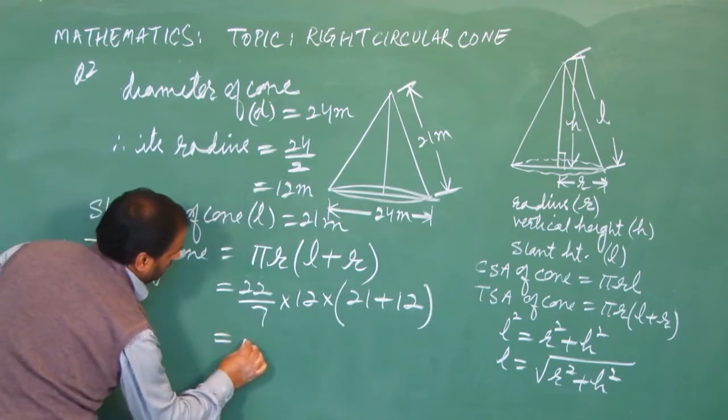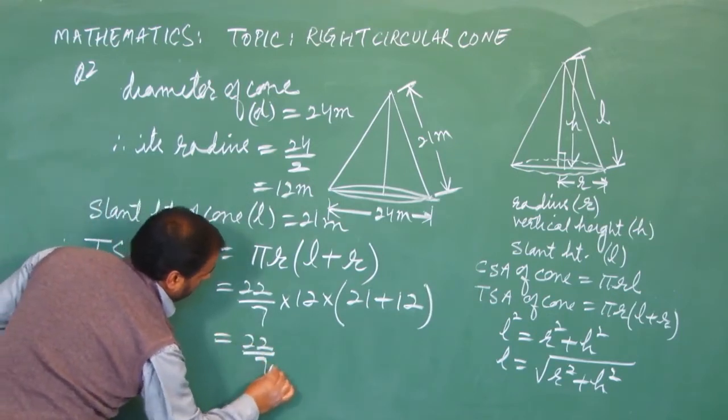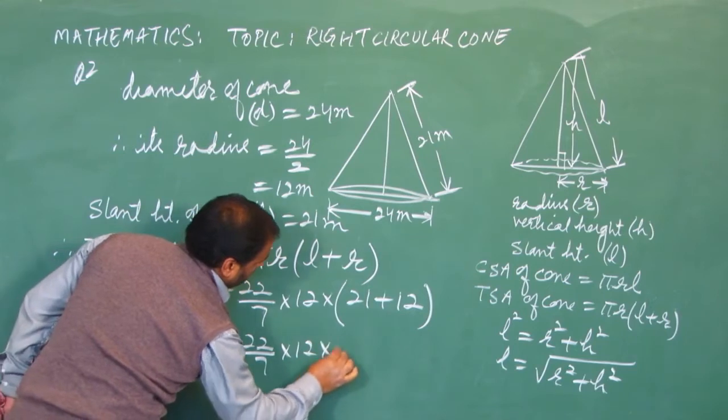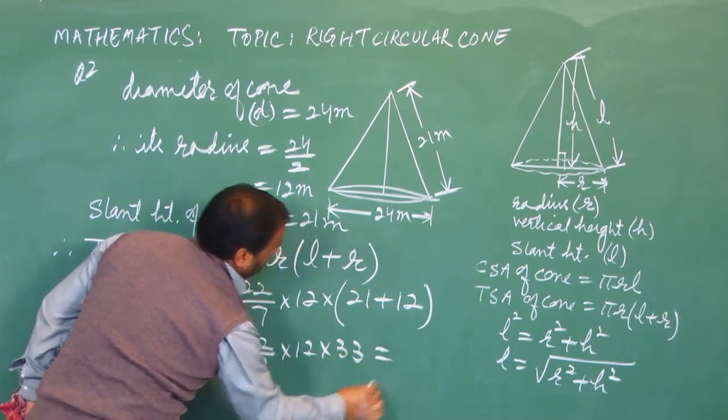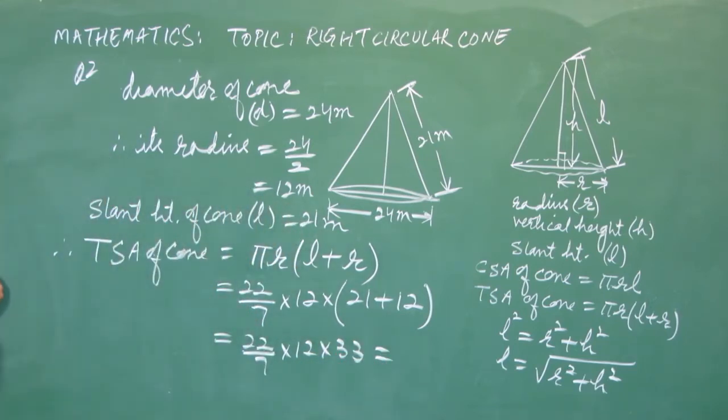So, it is 22 by 7 into 12 into 33, which is equal to 12 into 33, it is 396 into 22.